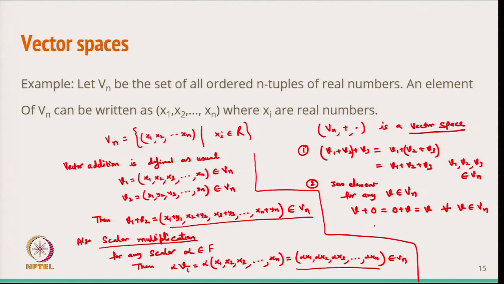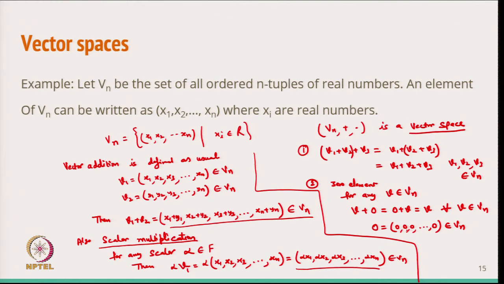So, we can define the 0 element here as the element with all components 0, and we know that this belongs to V n because 0 is already there in the real numbers, and we are taking the set of all real numbers.